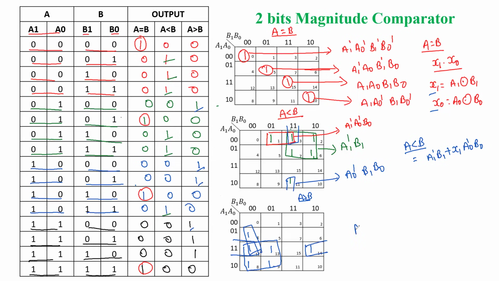So after simplification, when we have A greater than B, we should have the expression A1 B1 dash plus X1 A0 B0 dash.